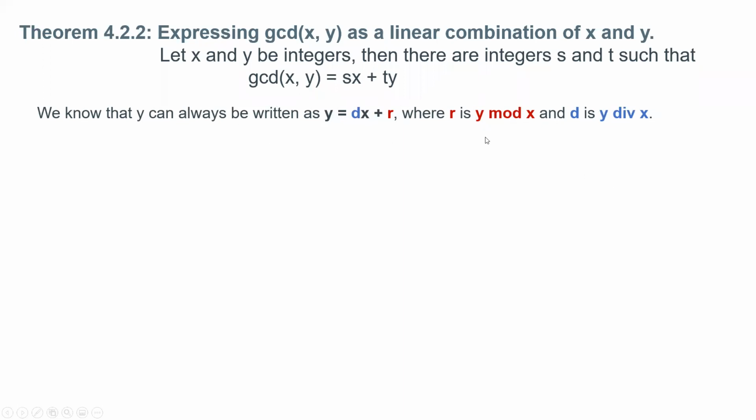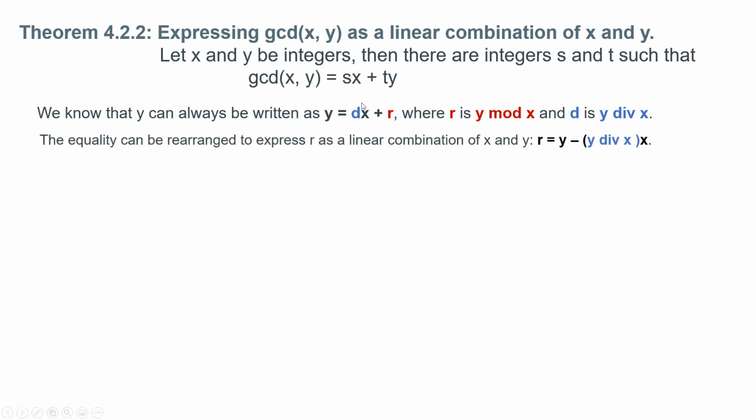If you didn't remember that, and if you're still confused about it later, you can go back and look at that previous slide. But it turns out that's true. If we have two numbers, we can write one in terms of the other using this pattern. But if I took this equation here and solved for r, this is what I would get.